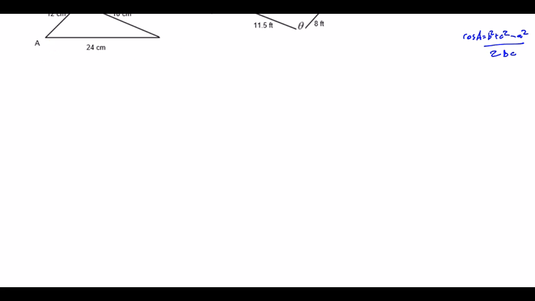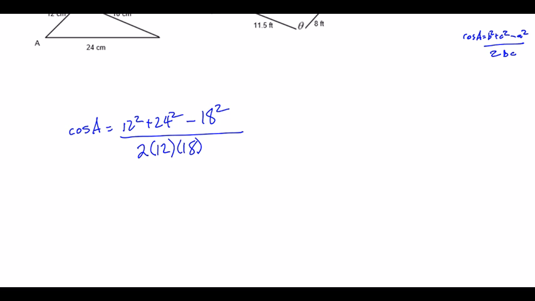That means 12 and 24 are the sides right beside A. So when we calculate A, we write cosine of A is equal to 12 squared plus 24 squared, the sides that surround the angle A, and then minus the side of A, which is 18 squared. And then we divide by 2 times the sides that are around the angle A, which are 12 and 18.